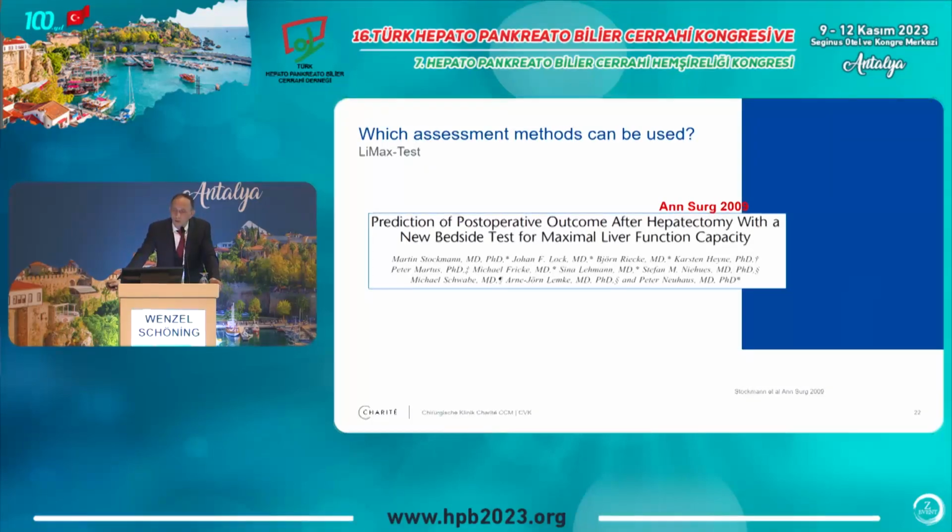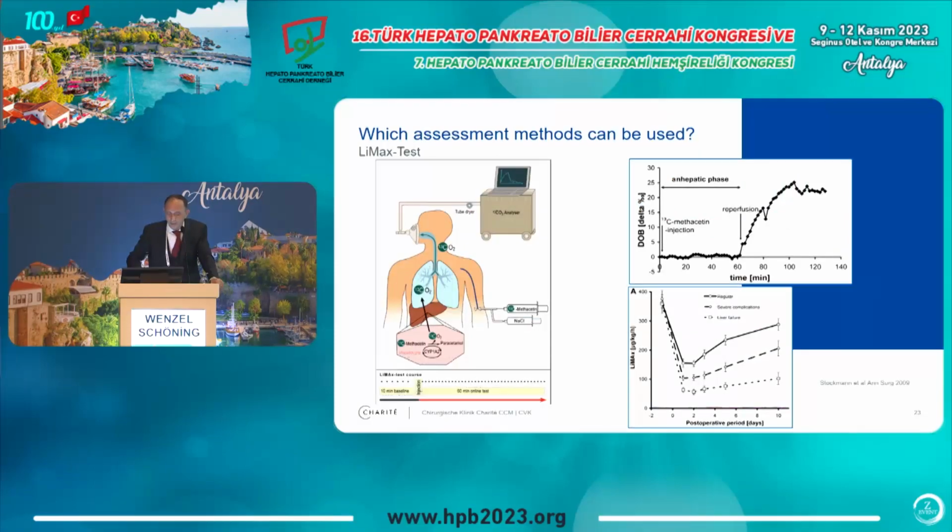The next thing I want to focus on is another liver function test. It's the so-called LiMAx test, which was developed in my department. Dr. Martin Stockmann did a lot of publications and a lot of effort in this, and the first publication was in Annals of Surgery in 2009. To briefly explain how this works, this is a non-invasive test.